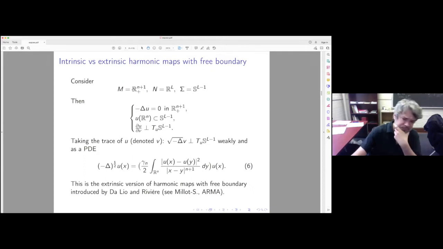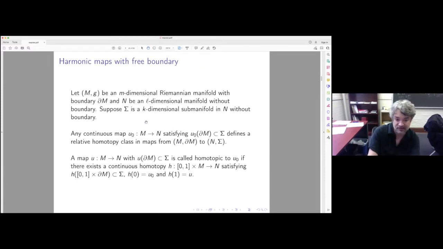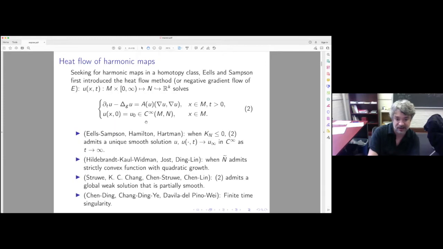So when the domain is the half space, my target is R^L, and my sigma is a sphere, the problem is: u is harmonic in the half space, the image of the boundary of the half space, which is R^n, has to be constrained to stay in the sphere, and ∂u/∂ν has to be orthogonal to the tangent. This is exactly this equation in this geometric setting.